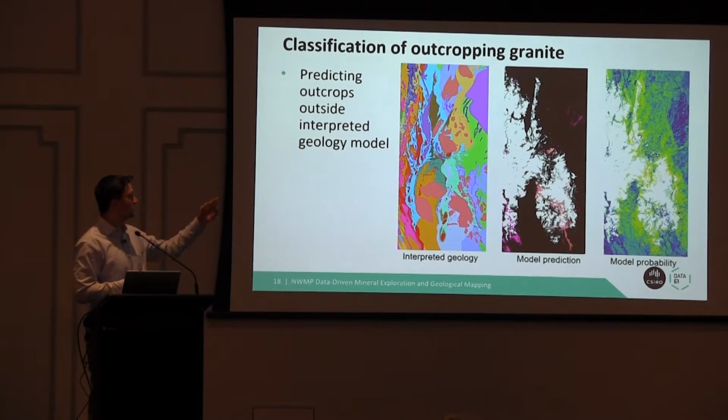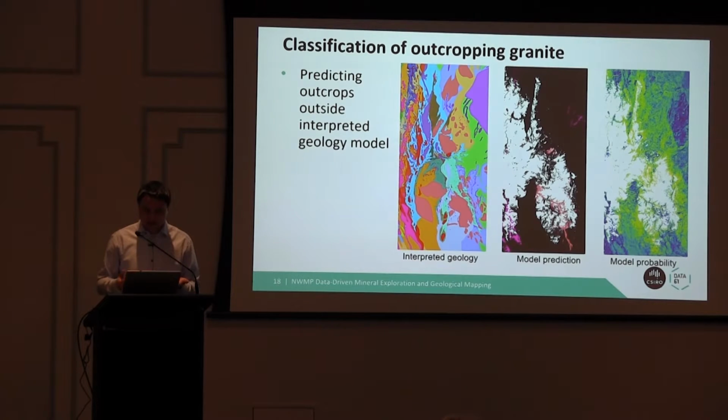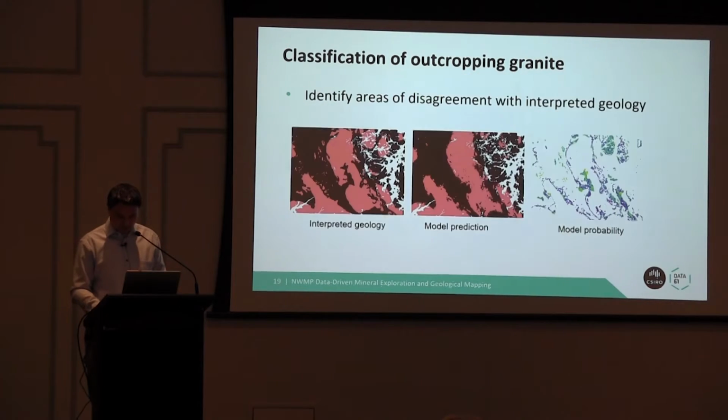You can see that there is a granite predicted in the far east, but that has also a low probability, so we can probably discard that.